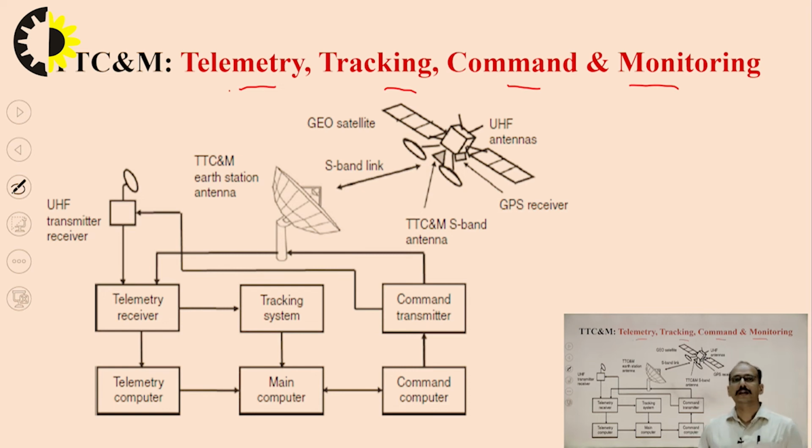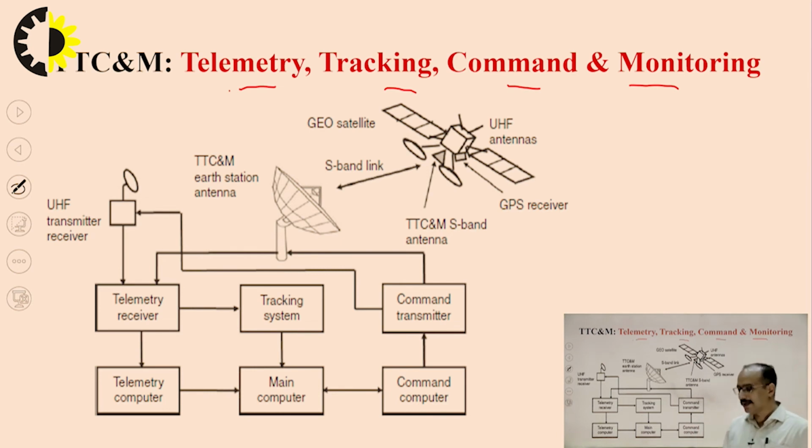Similarly, there are various other parameters also, such as the power supply, flow, and pressure. All these things have to be monitored all the time. To monitor those parameters, we require this TTCM system.